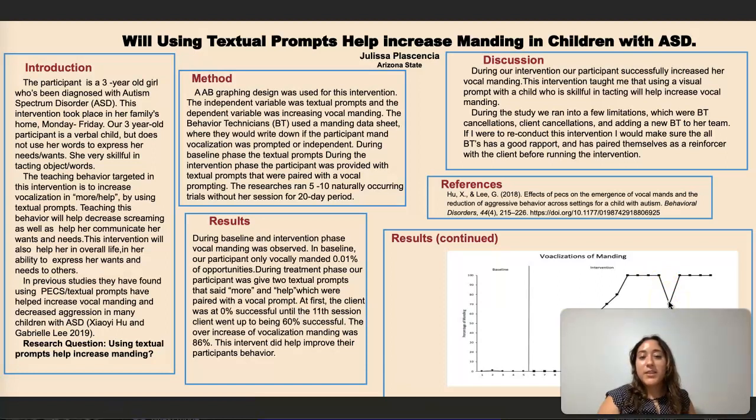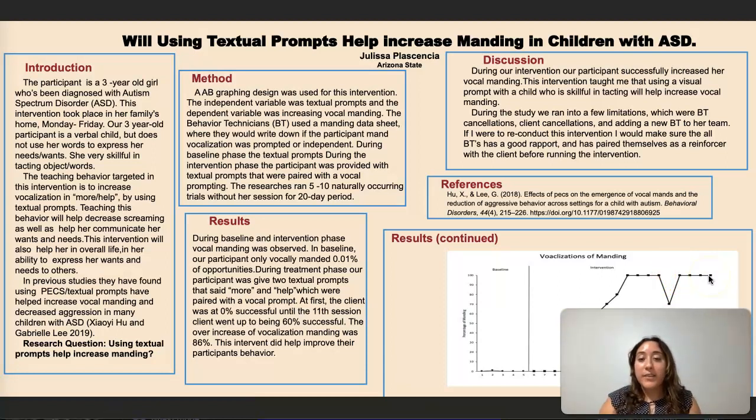But the spike down isn't too bad. It just went to 70%, so she was still mostly using her words. And then she went back up to 100% the following day with the next BT.